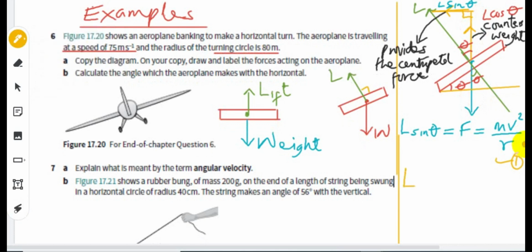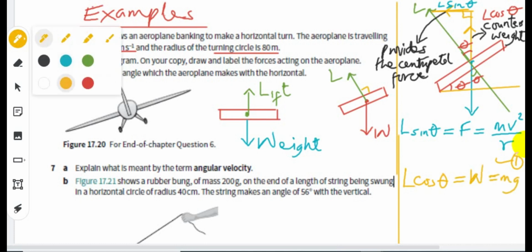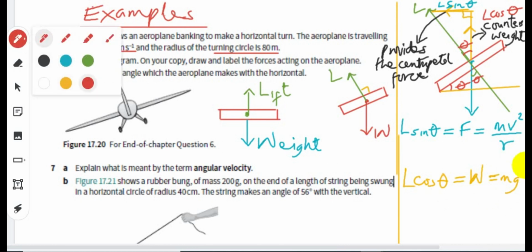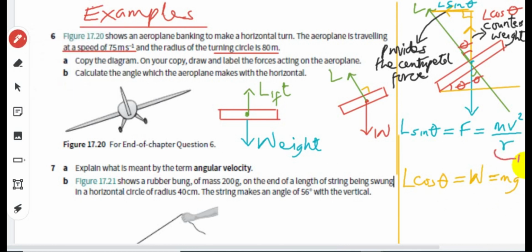L cos theta is equal to the weight, which is mg. We call this second equation, equation 2. Let me use a red pen so it's obvious: the first one is equation 1, the second one equation 2.